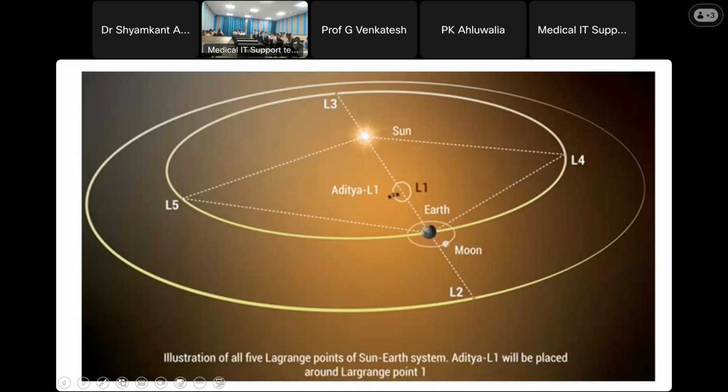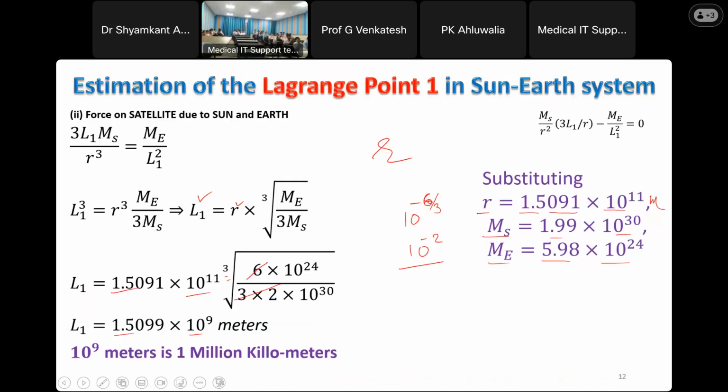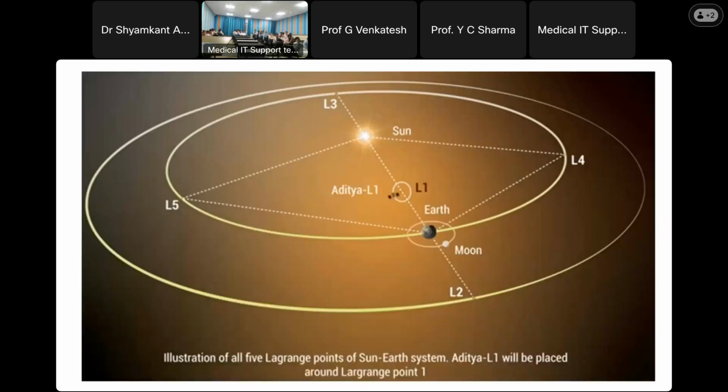So 150 million kilometers is the total distance r, and here this is the 1% distance that we have. Now we are going to the last slide of my presentation, wherein you can see the Lagrange points and you can identify the position of Earth and L1.